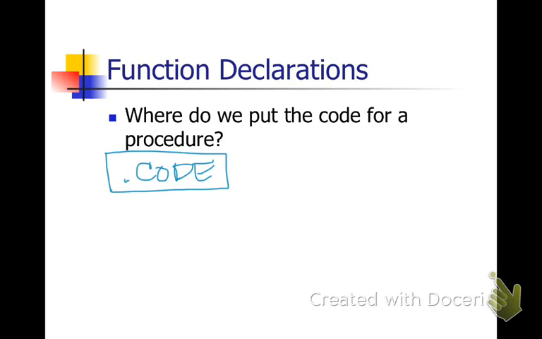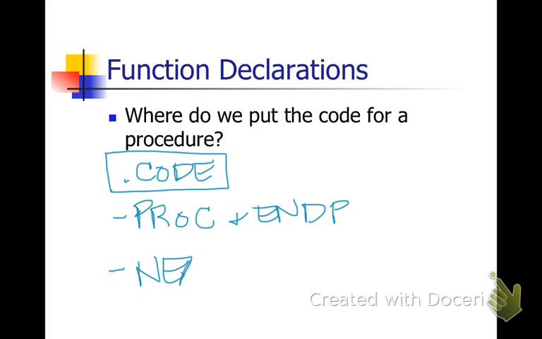It's always going to be bracketed by proc and end procedure, because it is a procedure. Then we're going to add an attribute. It is near 32. We're going to add this attribute to indicate that this code is in the same code segment as the calling code and that 32-bit addresses are being used.